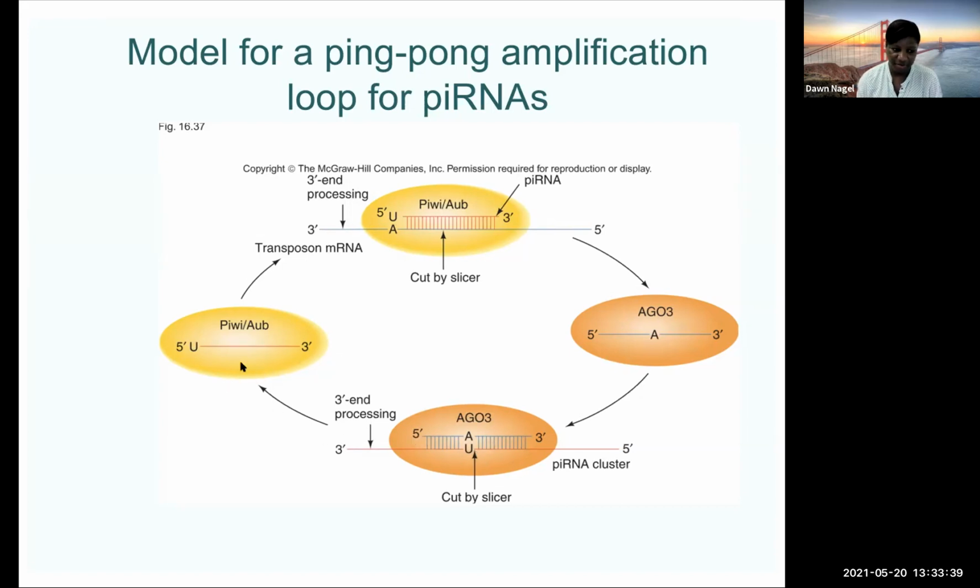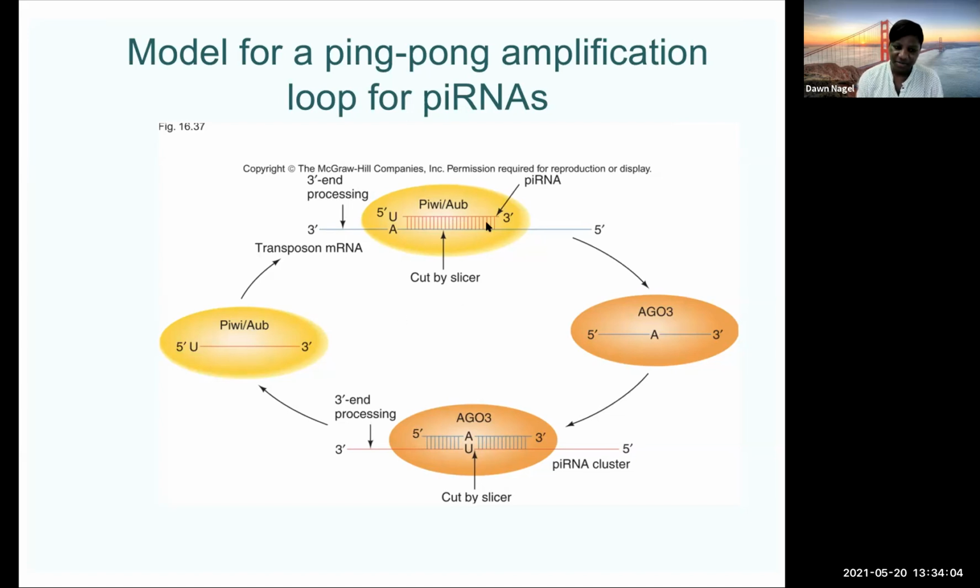You have this piRNA with the U at the 5' end. This will share similarity to a transposon mRNA. That is the target mRNA, that transposon, okay? It binds to the target mRNA with the help of these PIWI and Aubergine proteins, which in siRNA would be like your RISC complex and your Argonaute 2.